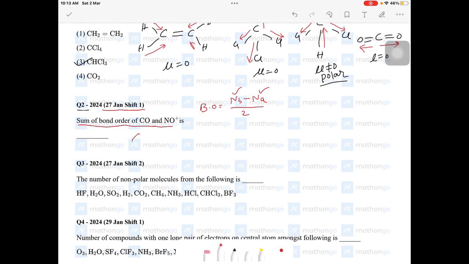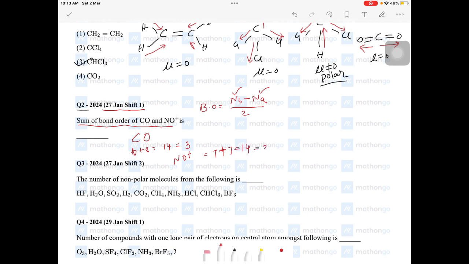For example, take carbon monoxide: carbon atomic number 6, 6 electrons, oxygen 8. 6 and 8, 14. If 14 electrons are there, bond order is 3. Next, NO+: nitrogen 7, oxygen 8, but a plus 1 charge is there, so 7 plus 7, 14.